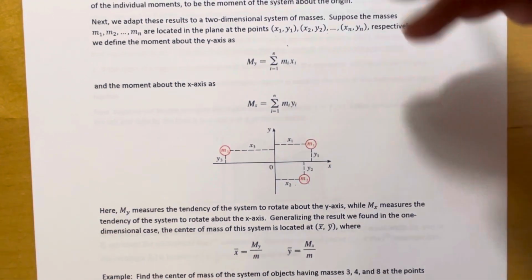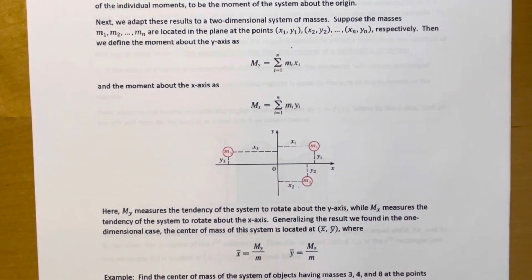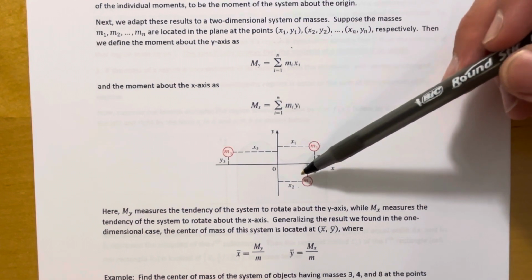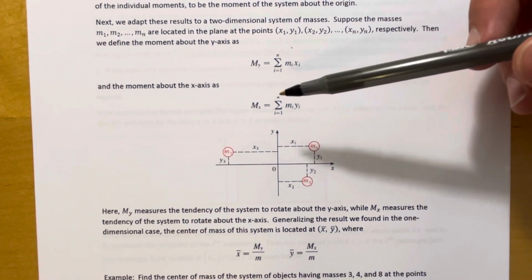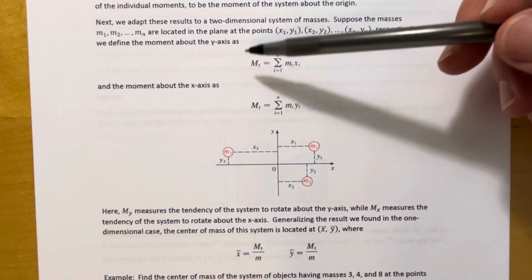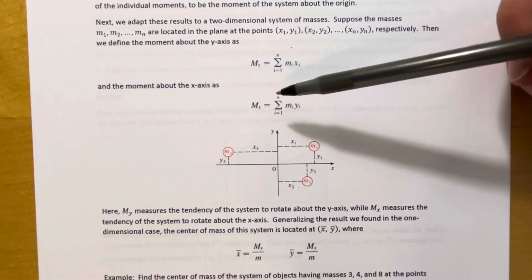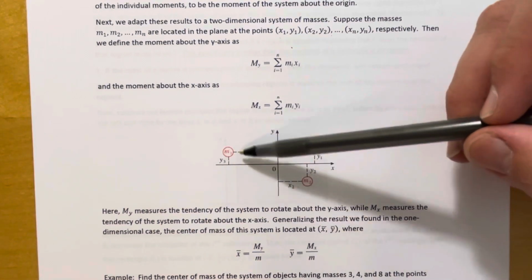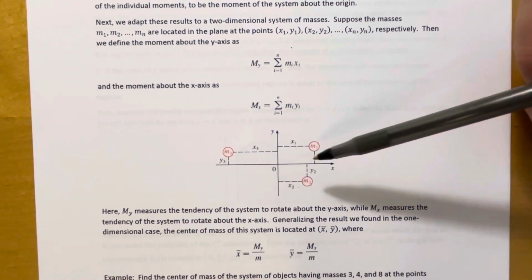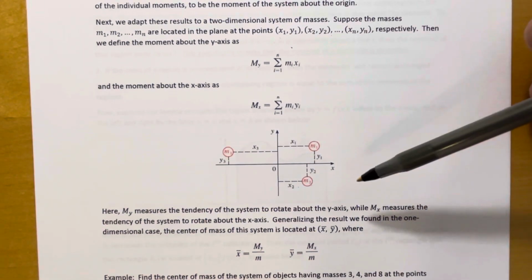Okay, and that fits with how we were thinking of moments before. We wanted those moments to be a mass times a distance. So similarly, the moment about the x-axis uses the distance from each of our point masses to the x-axis, but that's exactly what the y-coordinates of those points are doing.